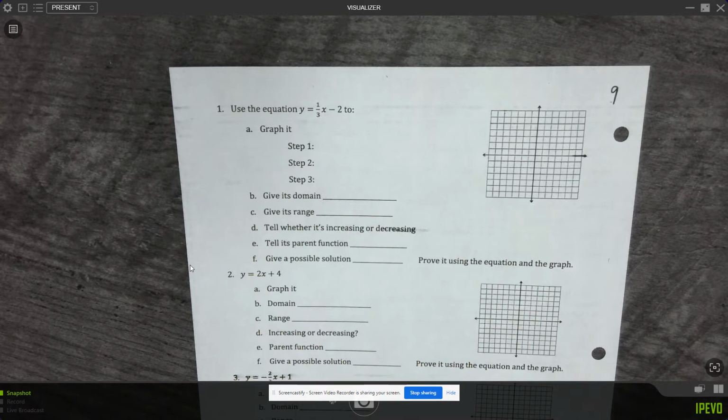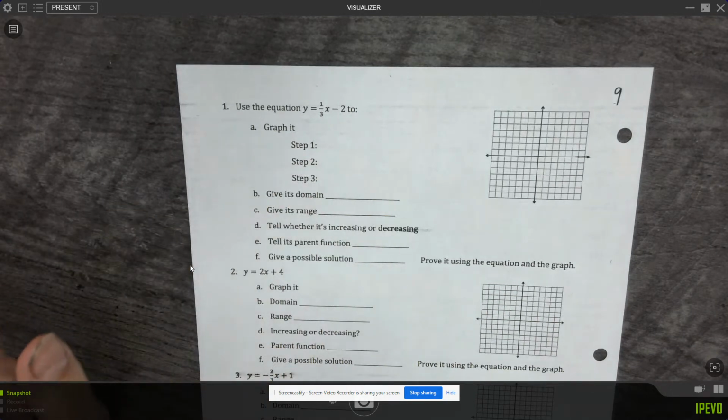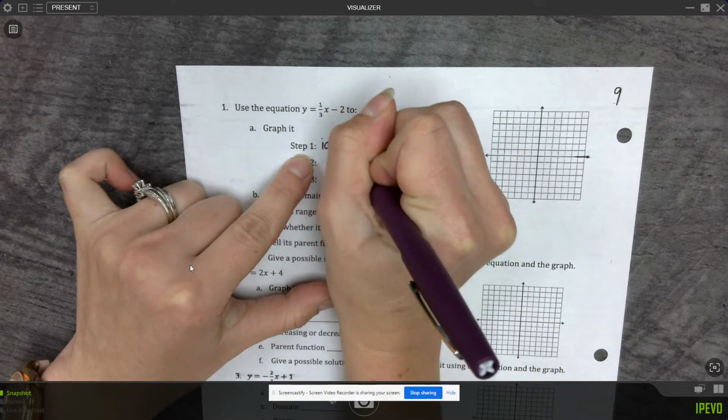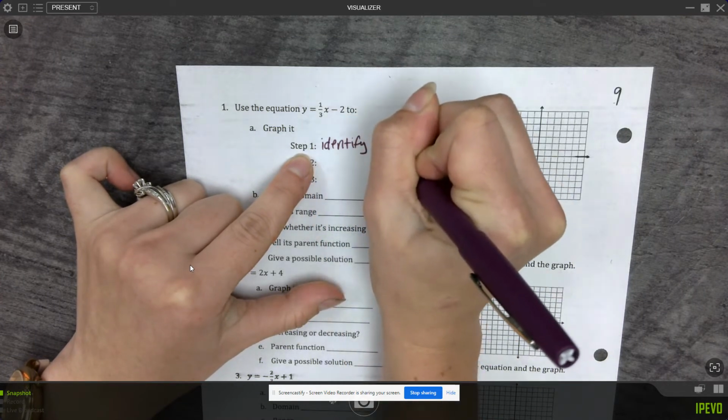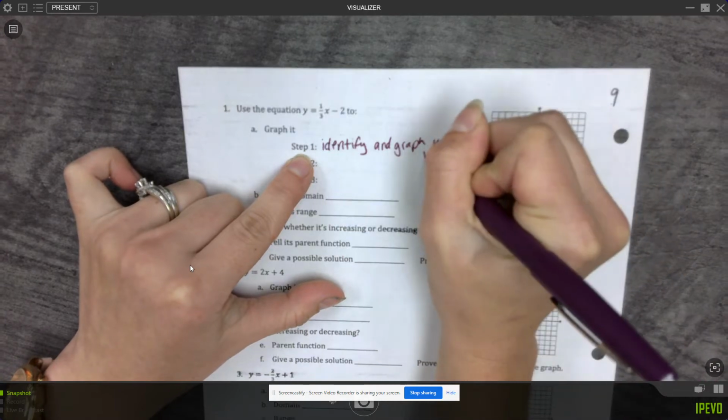As long as you are actually here, let's talk about how to graph an equation that is in slope-intercept form. So, first thing you're going to do, step 1, is identify and graph the y-intercept.